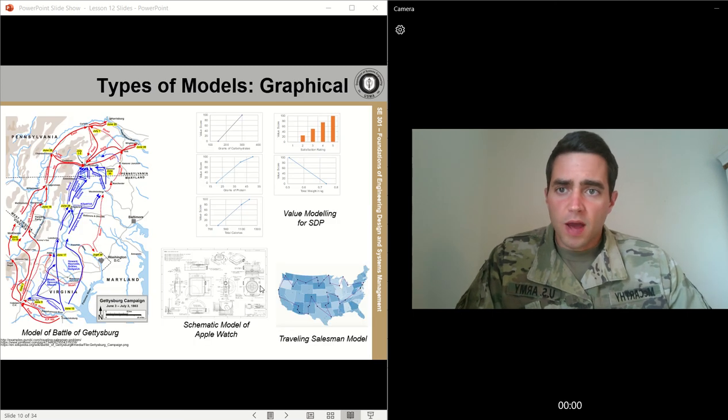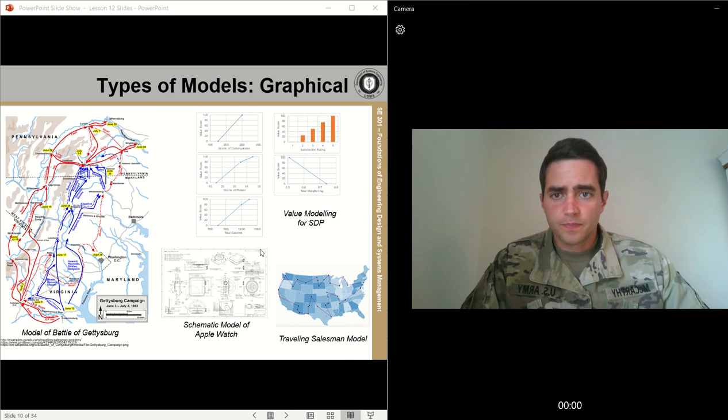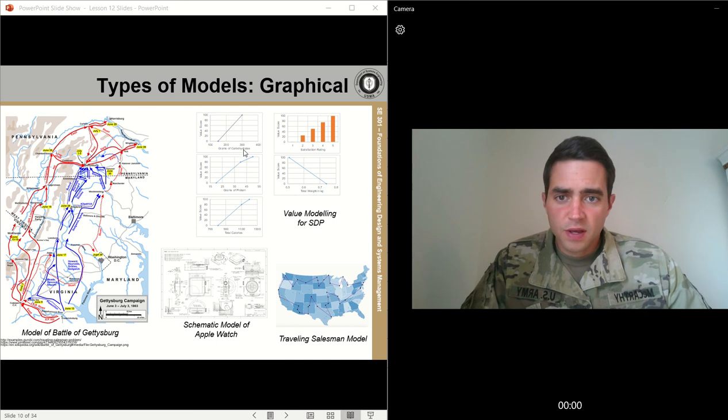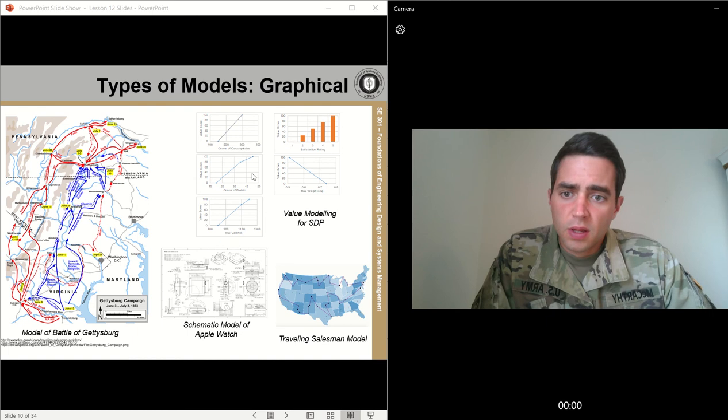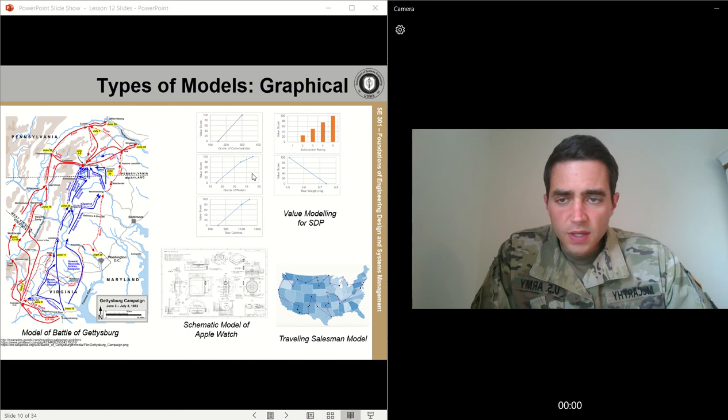The other one is a graphical model, and this, as you can see here, the trusty value model from our SDP, that is a type of graphical model. These models are used to provide stakeholders with a visual representation of some aspect of the system or multiple aspects of the system.